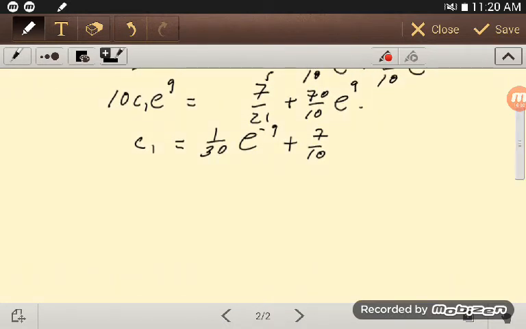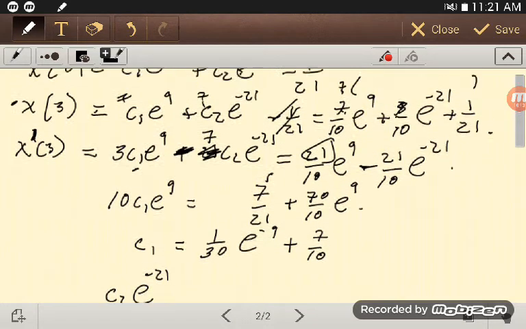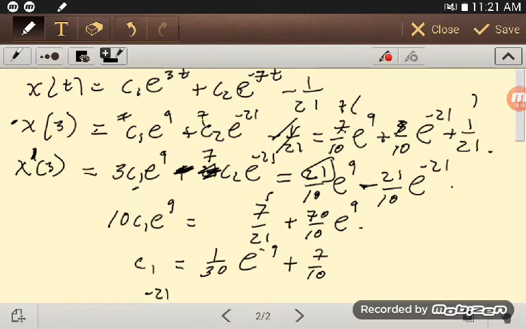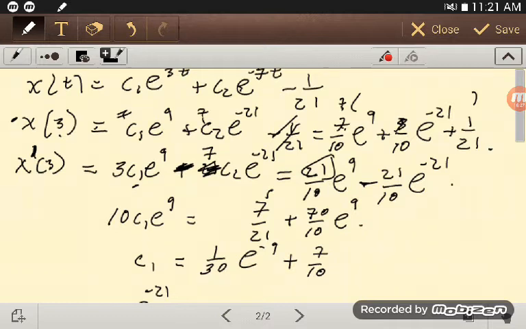But now if that's C1, then what I know is that C2 e to the negative 21, so now I'm just going back to the original setup here, this x of 3. I'm just using that equation, the original one, C1 e to the 9 plus C2 e to the negative 21.